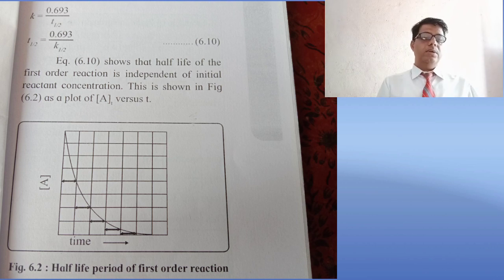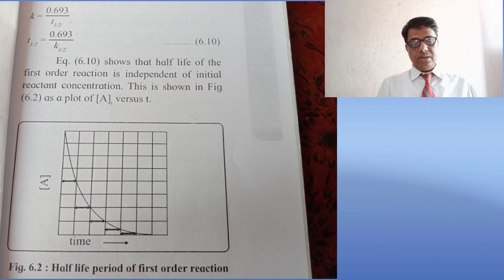You have to correct some terms in this expression. There are some printing mistakes here. First, in the equation after putting the values of A_T and T, that is k is equal to 2.303 upon T half log to the base 10 A0 upon A0 by 2, only a single A, the concentration of A in brackets, is given.